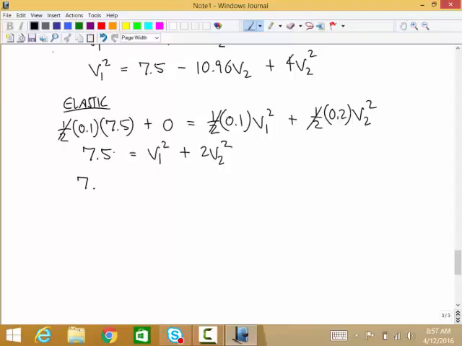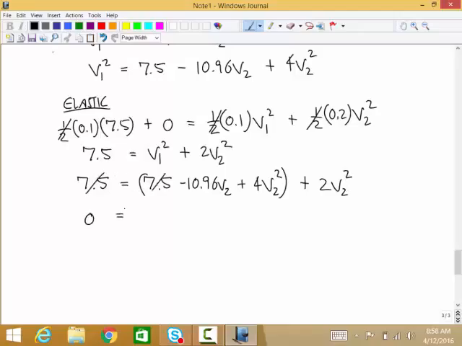Now substitute v1 squared in, so 7.5 is equal to 7.5 minus 10.96 v2 plus 4v2 squared plus 2v2 squared. So 0 is equal to v2 times 6v2 minus 10.96.